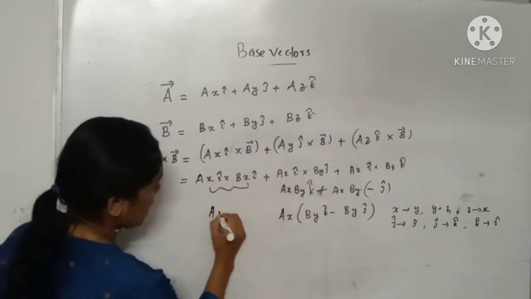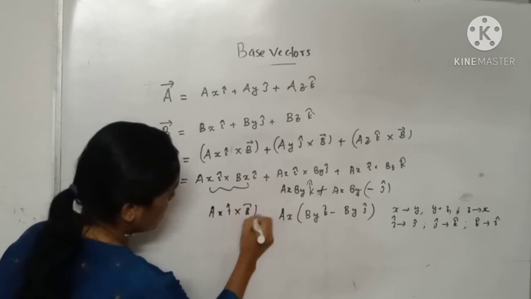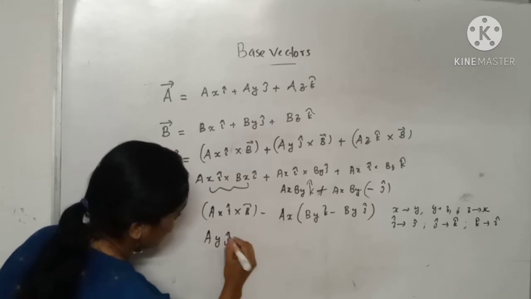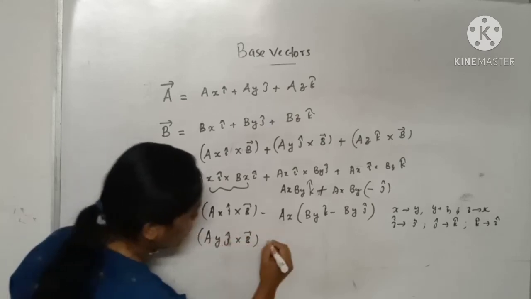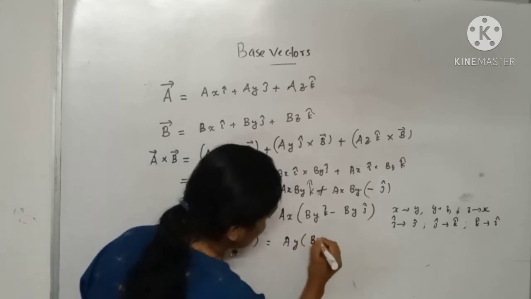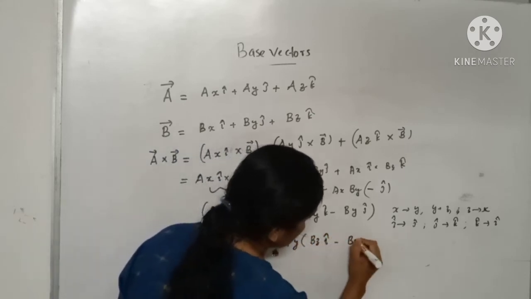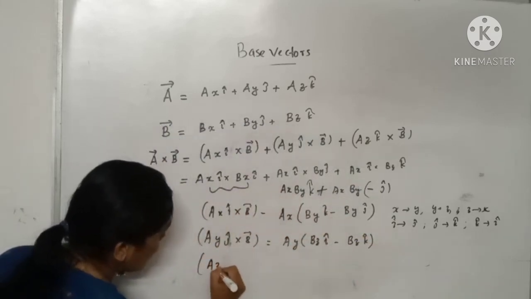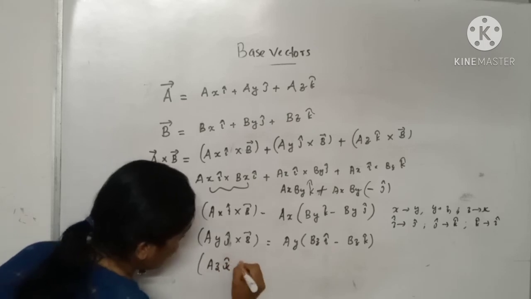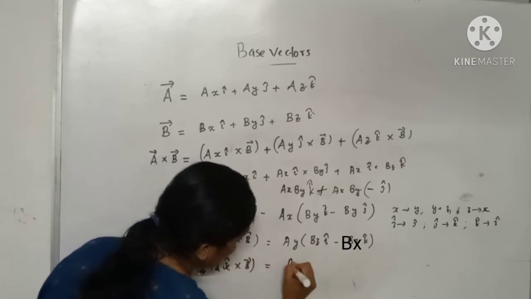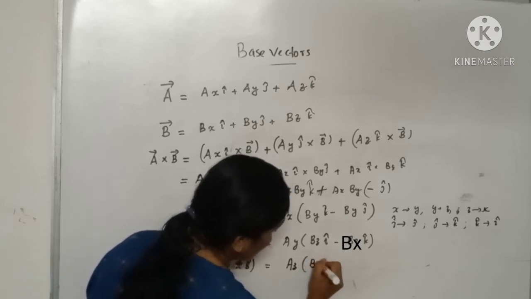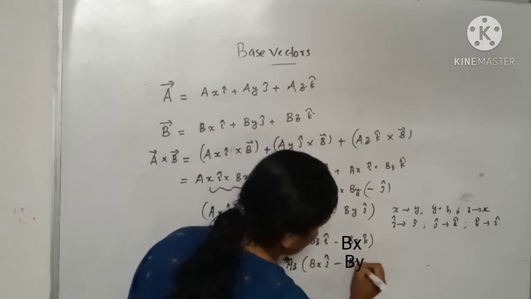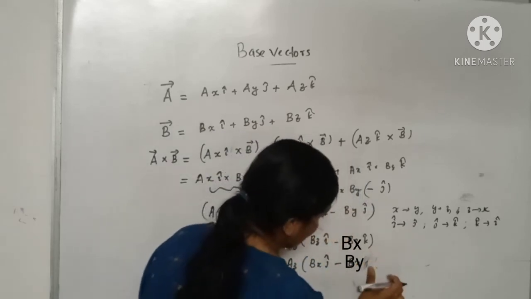Okay, this is AX i cap cross B, and what is AY j cap cross B, which is equal to AY into BZ i cap minus BX k cap, and what is AZ k cap cross B, which is equal to AZ into BX j cap minus BY i cap.